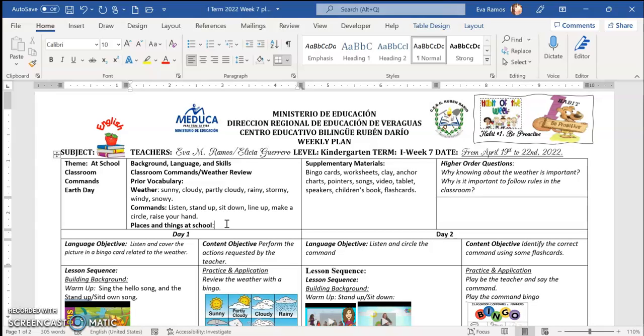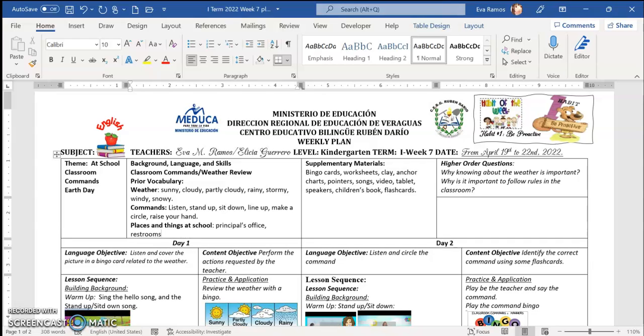Just as an example, you can be more specific and write down the places like principal's office, restrooms, boys' restroom, girls' restroom, for example, library, if you have one, computer lab, dining hall, and etc. Right?